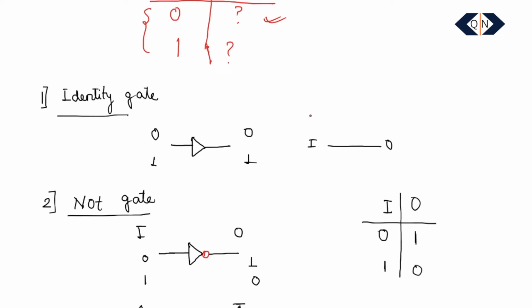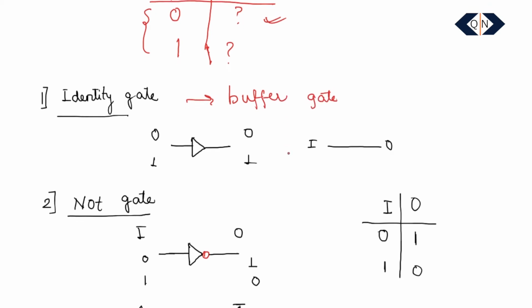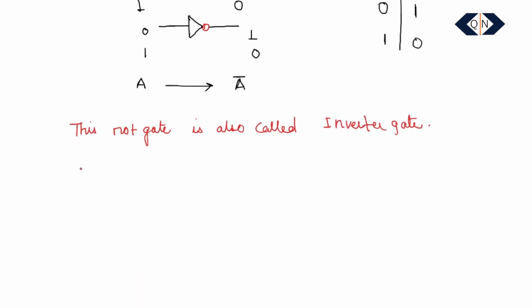And one more piece of information: the identity gate is sometimes also written as buffer gate. This information is not very much required, but you can have it as general knowledge.